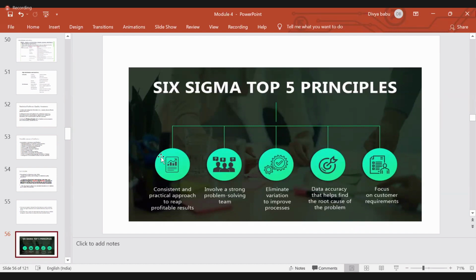We need a strong problem-solving team, and eliminate the variation to improve the processes, and data accuracy, which helps to find the root cause of the problem, and focus on customer requirements. You need to focus on customers. So Six Sigma contains 5 principles.